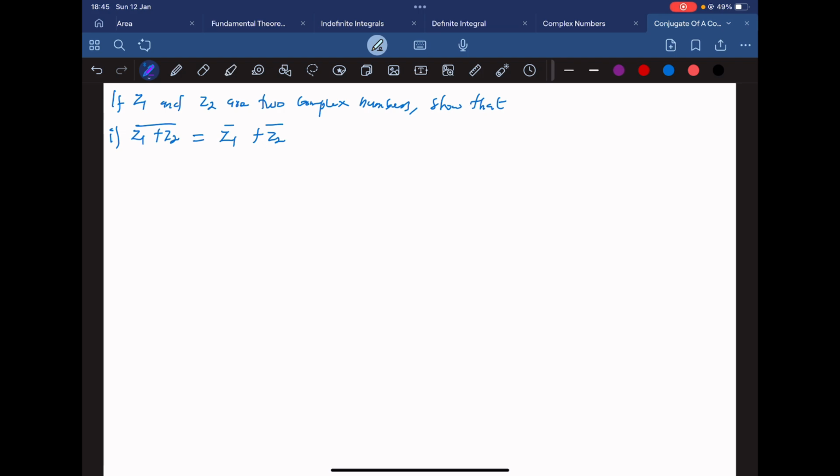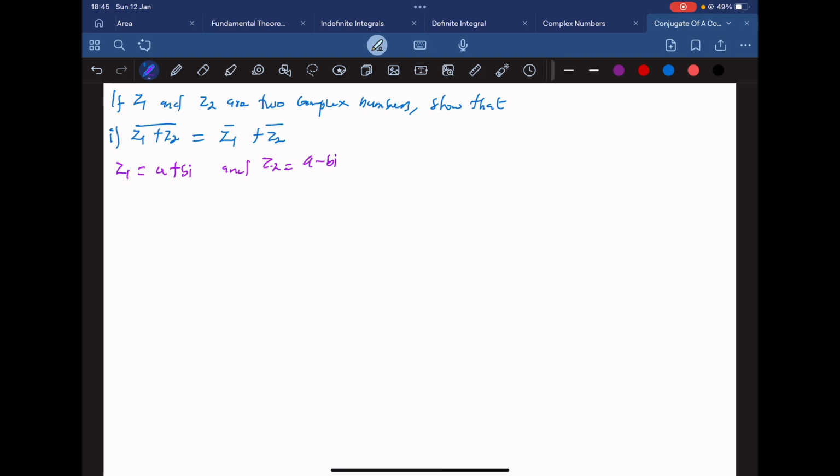So let's first of all assume that our z1 is a plus bi, and our z2, let me say, instead of a minus bi, our z2 is just c plus di.